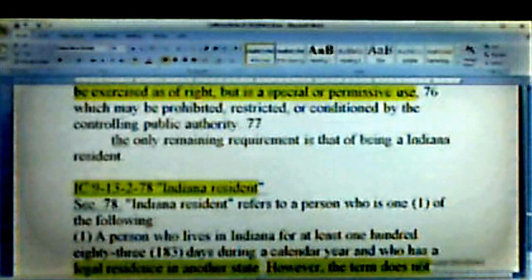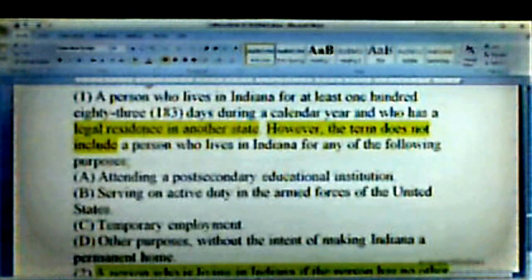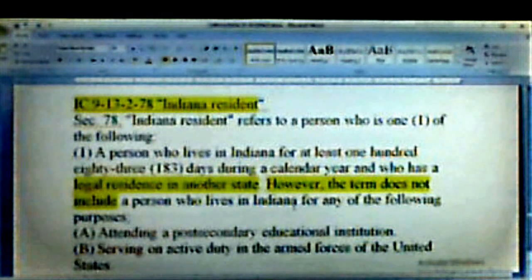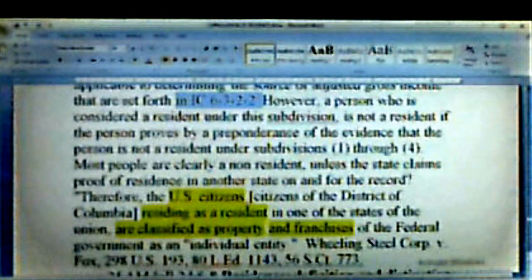However, a person who is considered a resident under this subdivision is not a resident if the person proves by preponderance of the evidence that the person is not a resident under subdivisions 1 through 4. Right? So they're talking about 1 through 4 up here. From here to here. So if any of this up here, like this one here that applies to me, then you're not a resident. Right?